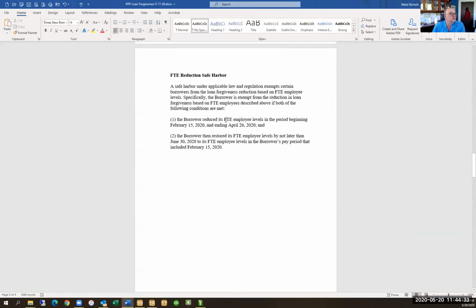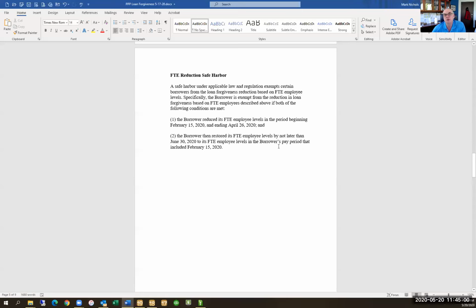The borrower reduced its FTE levels between February 15th and April 26th. Remember, the loan proceeds, most didn't even come until after April 26th. So if you reduced your FTE before that, then you don't have to consider that part of the reduction in your FTE calc. And, the borrower restored its FTE employees no later than June 30th.